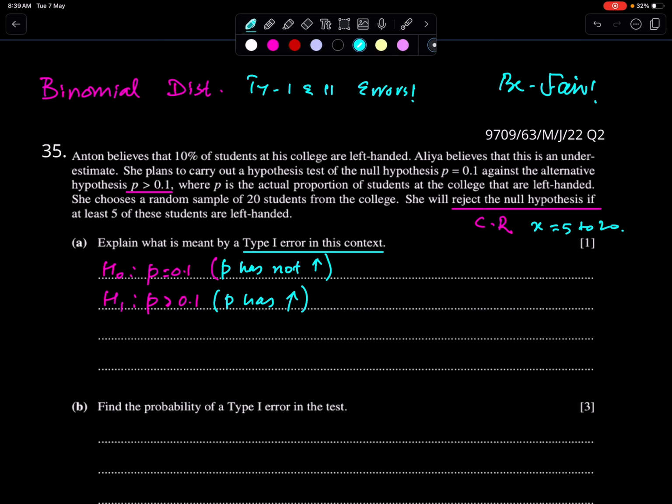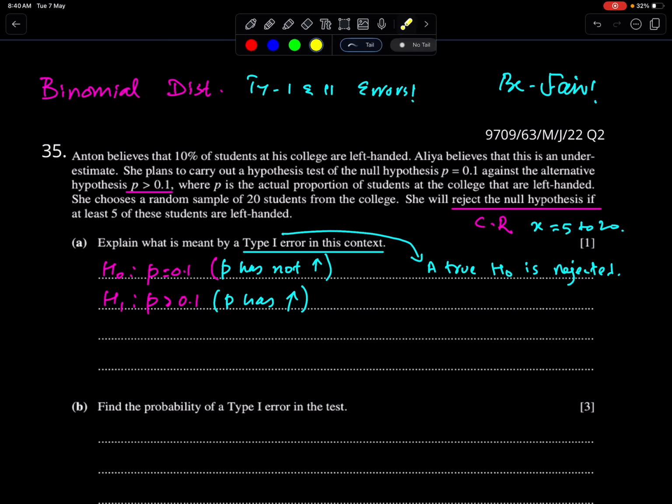Now, how to describe a type 1 error in the context of the question? This is very simple. First, you must know a type 1 error occurs when you reject a true H naught. Let me write this here: a type 1 error occurs when a true H naught is rejected.